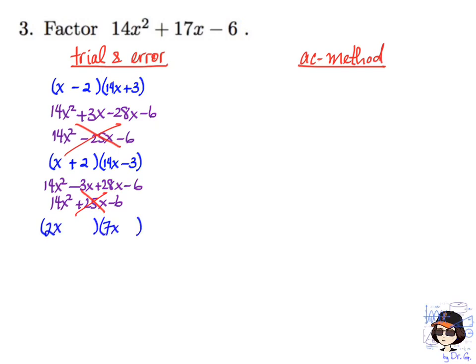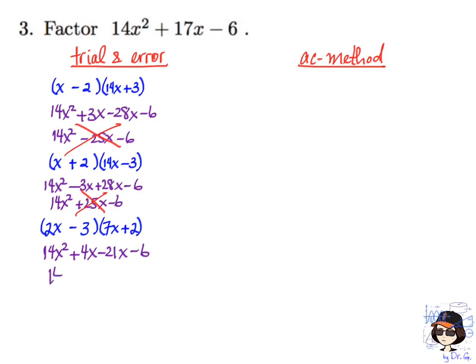Suppose we have 2x and 7x instead of x and 14x. Let's see what happens if we have a minus 3 and a plus 2. And multiplying those together, 14x squared plus 4x minus 21x minus 6.